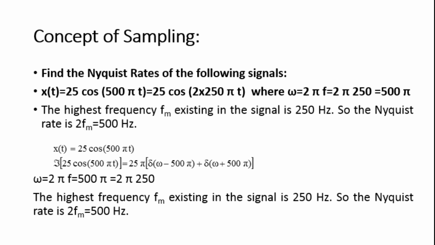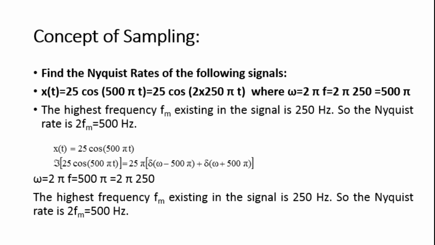Then x of t is equal to 25 cos 500 pi t. That is, 25 cos 500 pi t is equal to 25 pi into delta of omega minus 500 pi plus delta of omega plus 500 pi, where omega is equal to 2 pi f, which is equal to 500 pi, which is equal to 2 pi into 250.